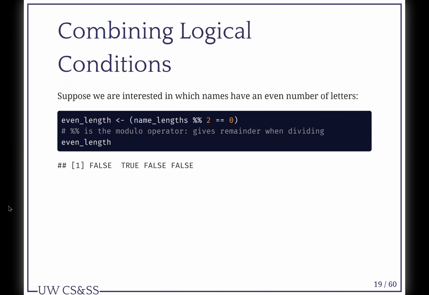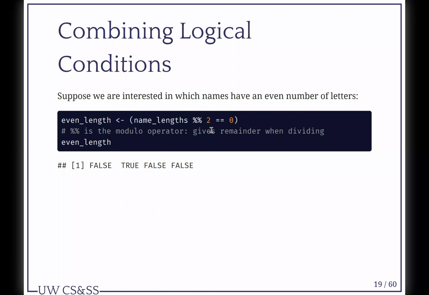So let's combine logical conditions. Suppose we are interested in which names have an even number of letters. So we take our name lengths vector, and then we use the modulo operator. This does division, but hands back a remainder.